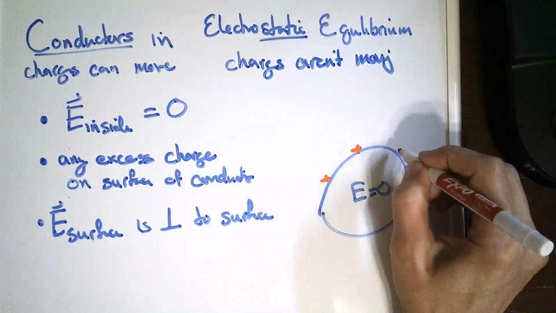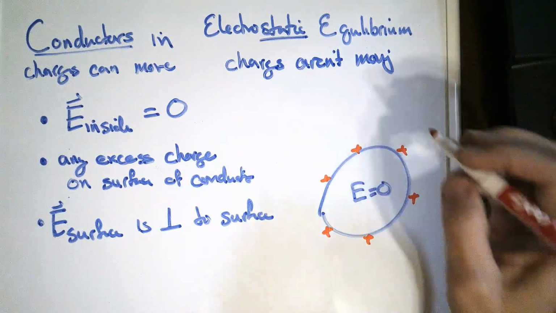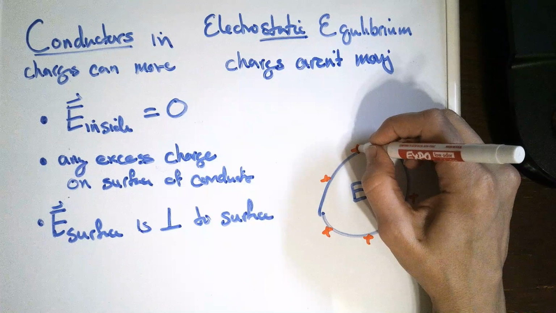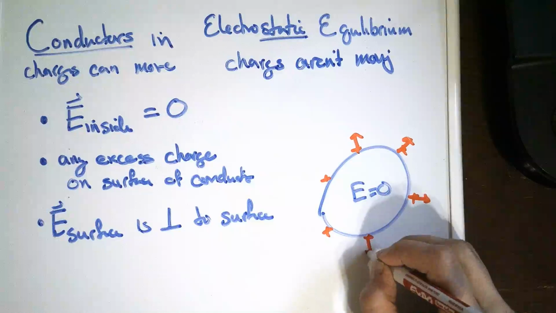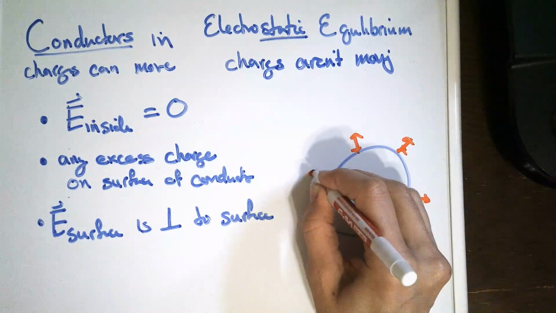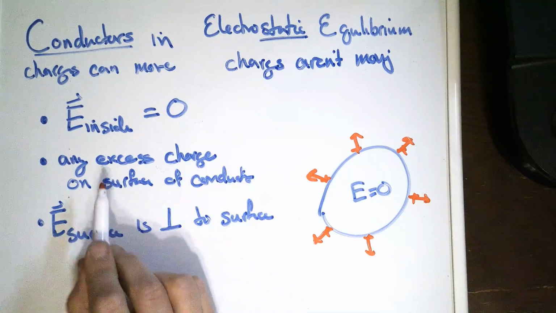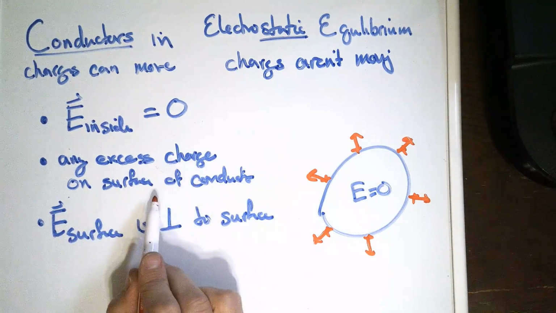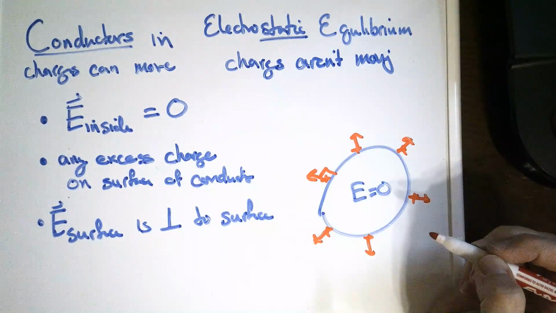Maybe there's some extra charge that is unpaired, not in its full atom pair here. And if there's any electric field, well, it is pointing straight out like this, normal to the surface. Which kind of makes sense because these field lines are probably either ending or beginning on this excess charge that's on the surface, but it definitely points out at a 90-degree angle to the surface like that.